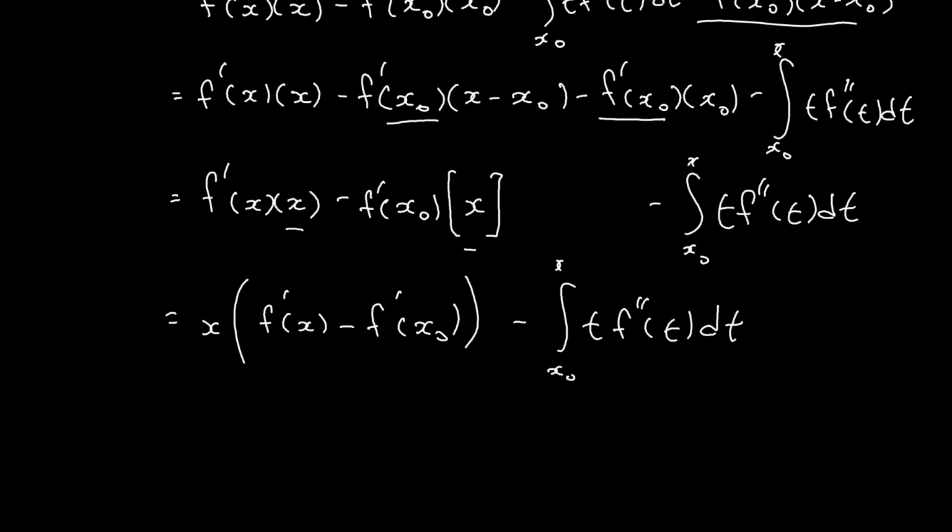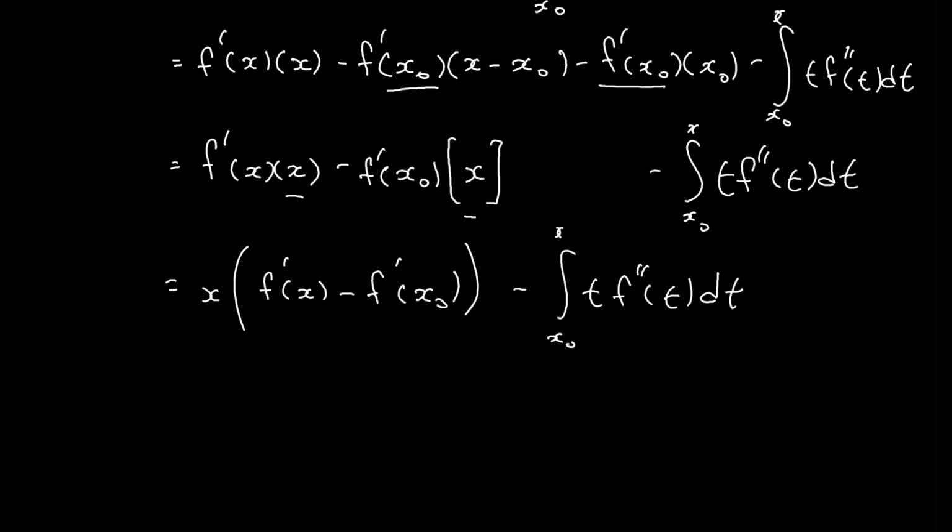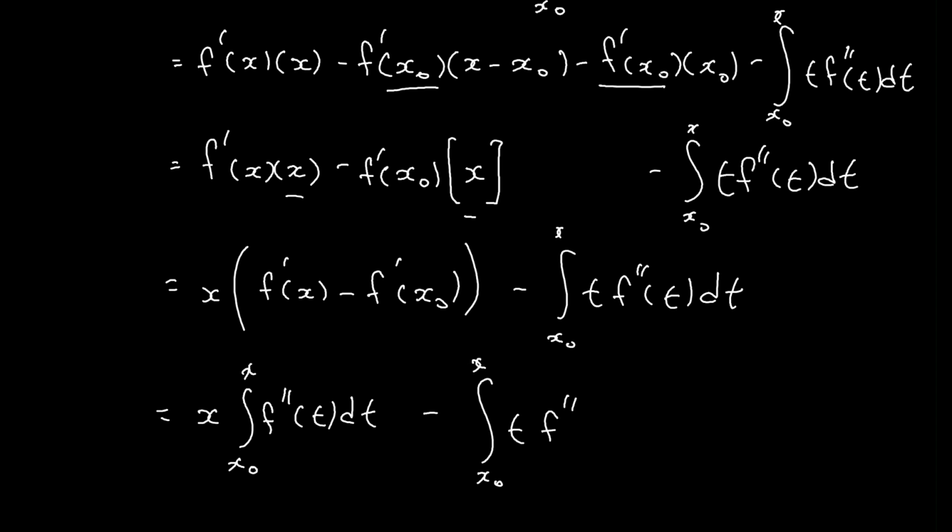Now we can rewrite this from the fundamental theorem of calculus, as we did before, as the integral from x0 to x of f double prime of t dt, minus the integral from x0 to x of t f double prime of t dt.